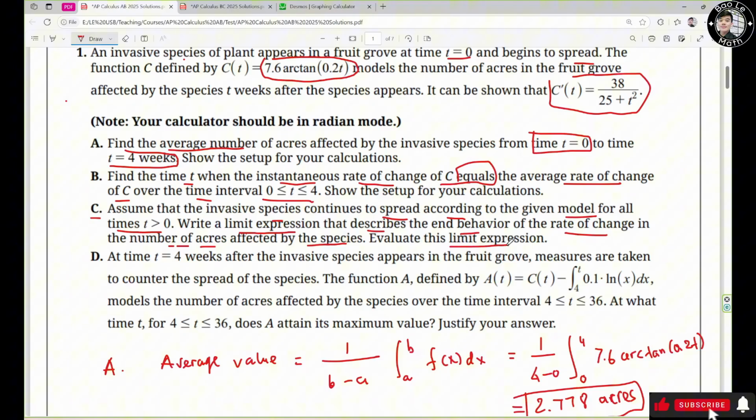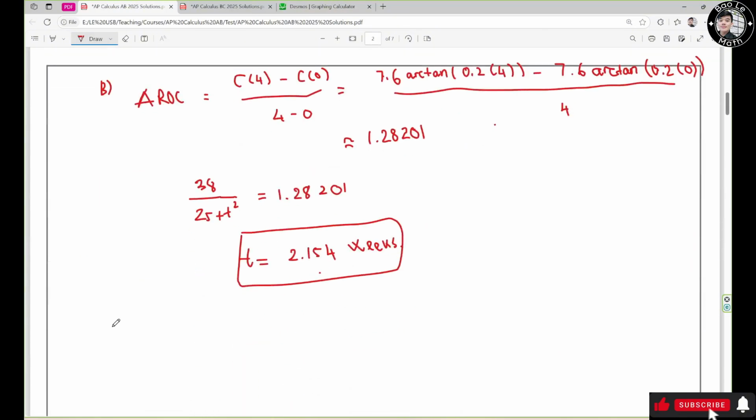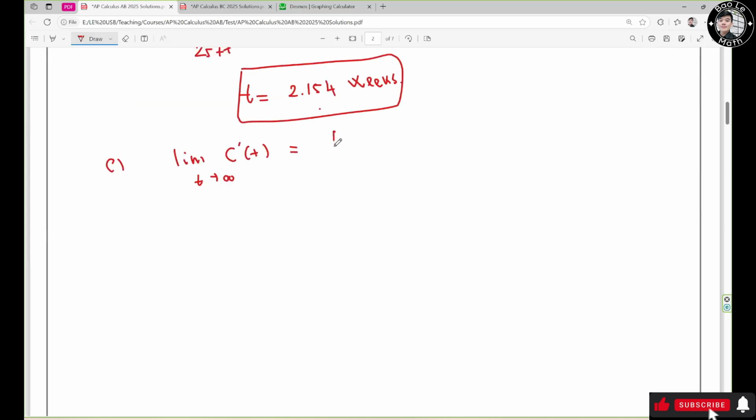Evaluate this limit expression. Question C is very simple. It's going to be the limit of c prime of t when t approaches infinity, which is the limit of 38 over 25 plus t squared when t approaches infinity.